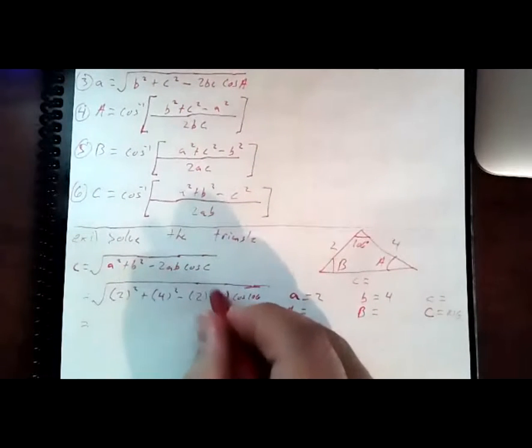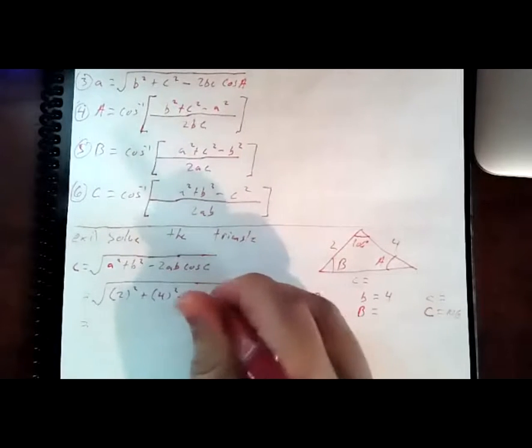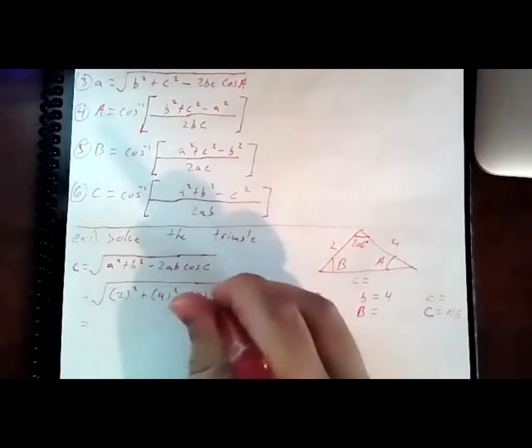Did you guys get 4.5? I have a quick question. What's up? So on the equation, it says 2AB. So I thought you would do the 2 times the 2 for the A and then the 2 times the 4 too. Yeah, I see what you're saying.